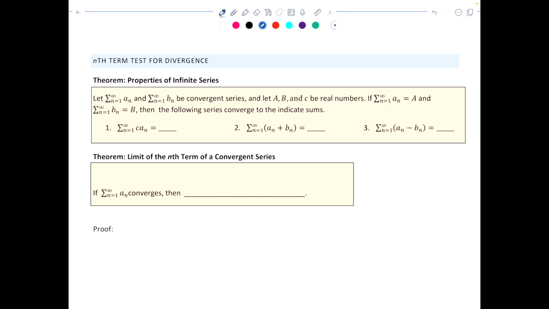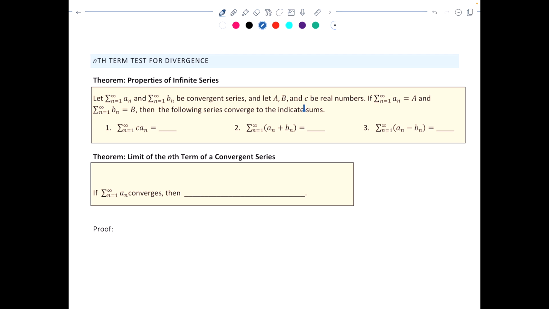And let capital A and B and then lowercase c be real numbers.